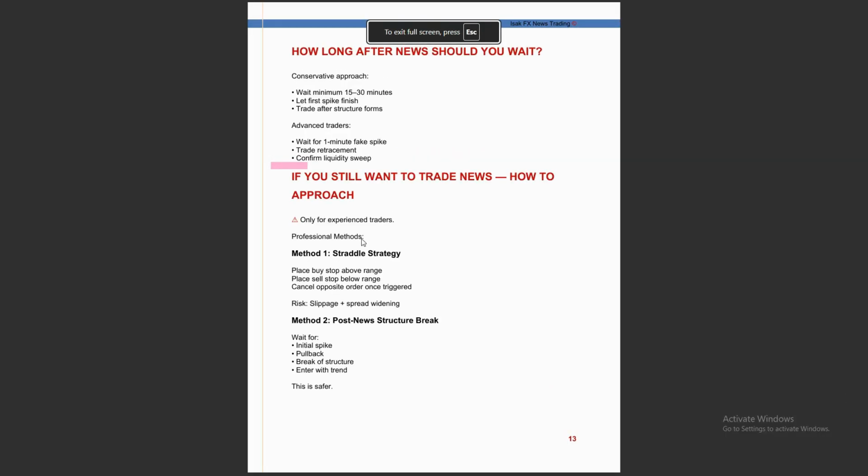Professional methods. The first one, if you still want to trade news, is place a buy stop above the range, place a sell stop below the range, and cancel the opposite order once triggered.